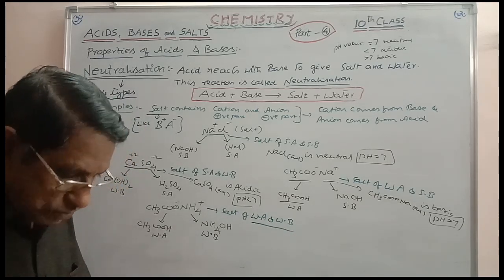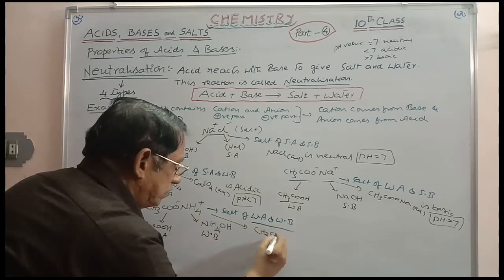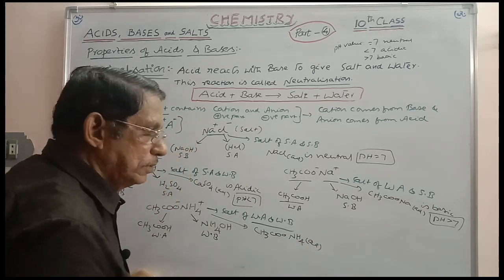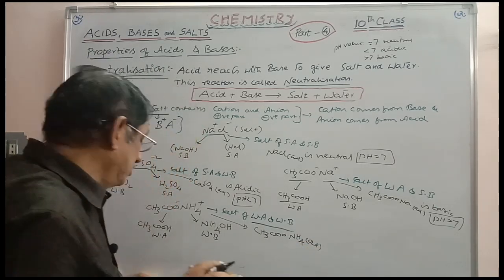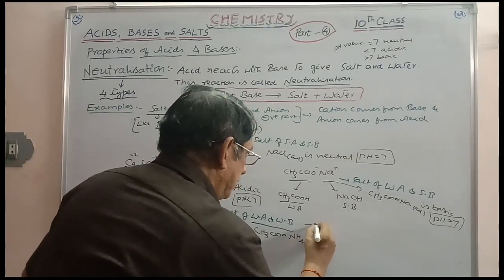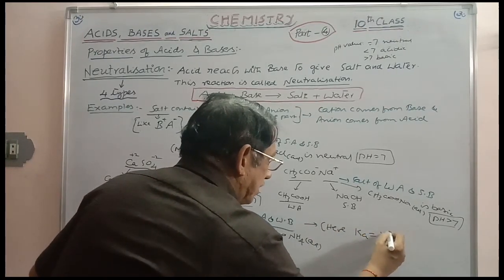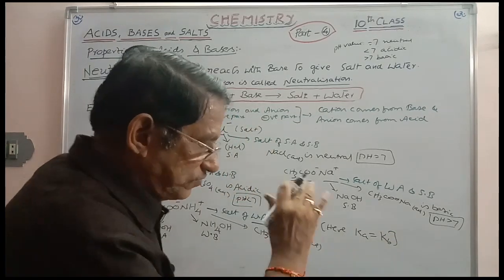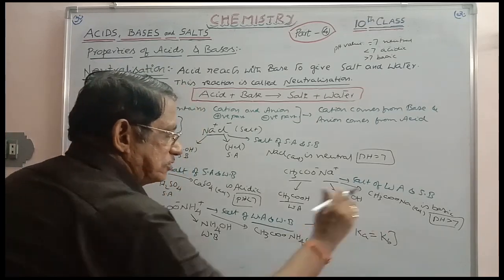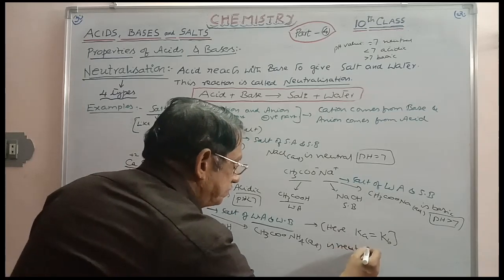And then what about the nature? CH3COONH4 aqueous, you cannot predict unless you know the Ka value and Kb value. Here Ka of acetic acid is equal to Kb, exactly 1.8 into 10 to the minus 5 in both cases. And so as Ka is equal to Kb, the aqueous solution in this particular case is of course neutral.